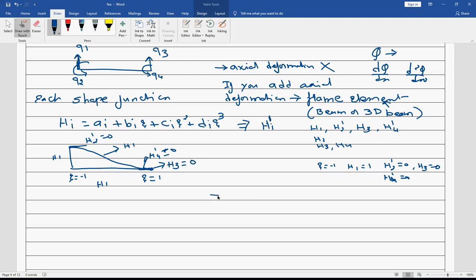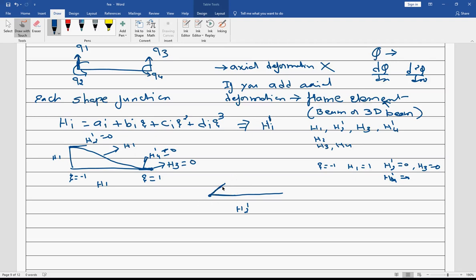Similarly, if I want to draw for h2 dash, this is the behavior of h1. Now I want to have a behavior for h2 dash. So h2 dash is 1, and 1 means what? Slope equal to 1. So I draw a slope which represents 1.